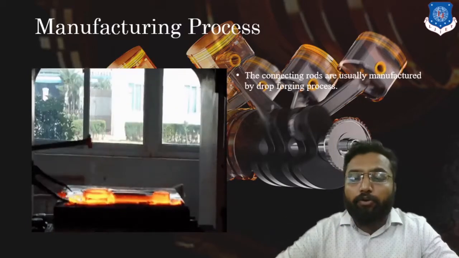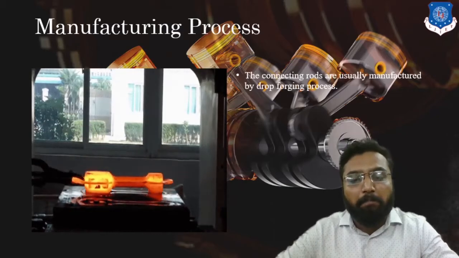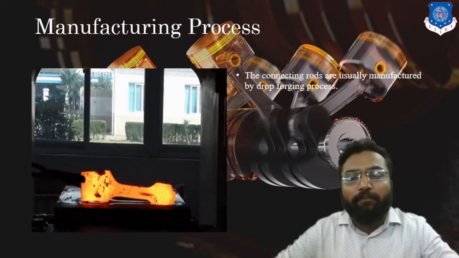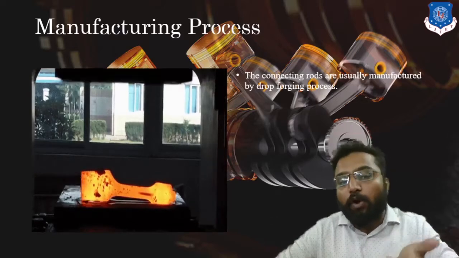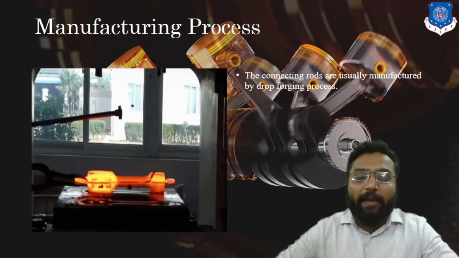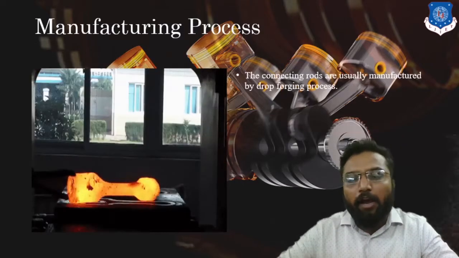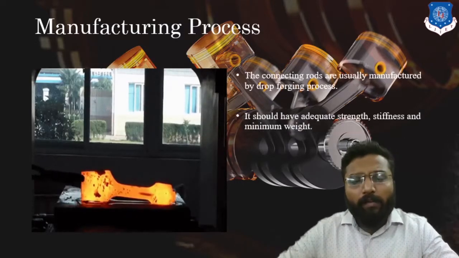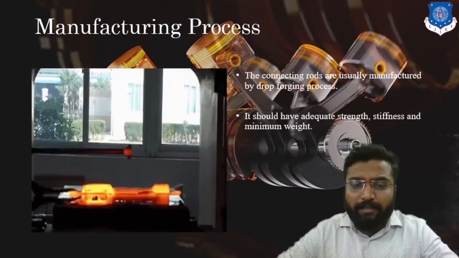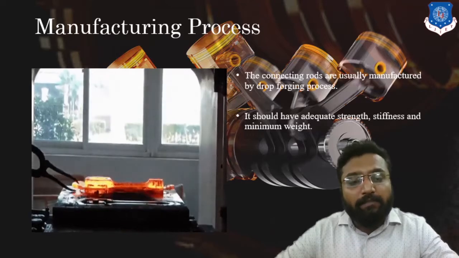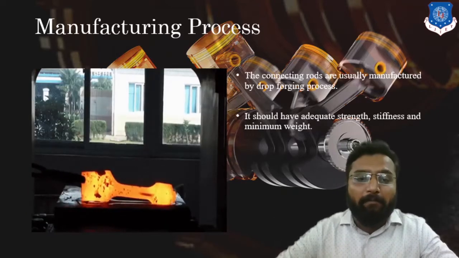After drop forging, we have to perform different machining processes. One, we have to cut our big end into two parts to facilitate mounting it onto our crankshaft, as well as provide machining to get the perfect dimensions of our connecting rod. And after this machining process, it should have adequate strength and stiffness, as well as minimum weight.